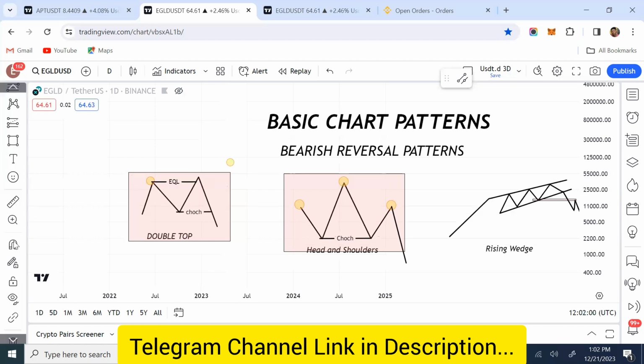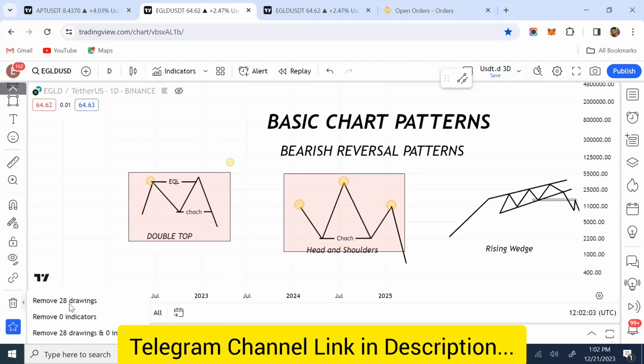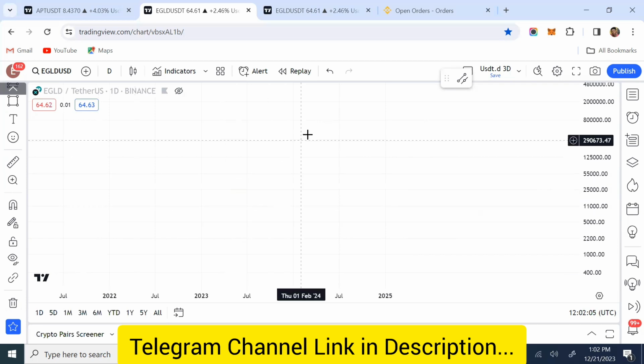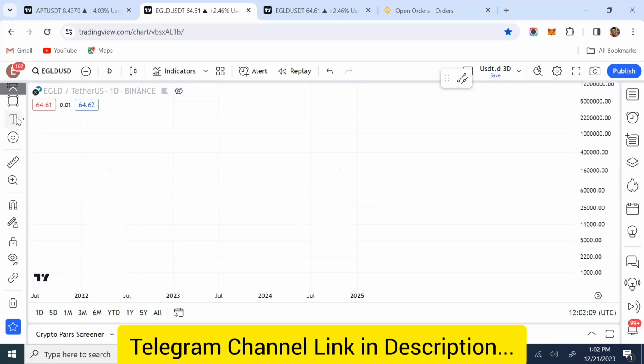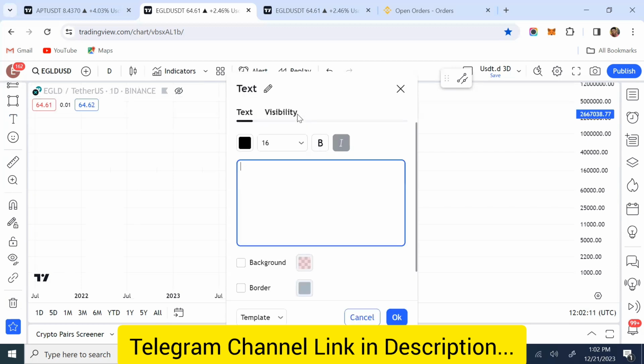Okay, just remove all the drawings. All right, so we're going to talk about bullish reversals now.